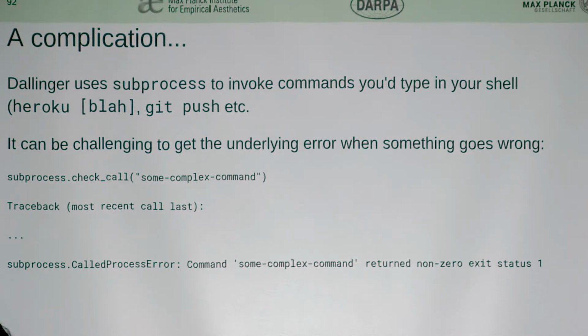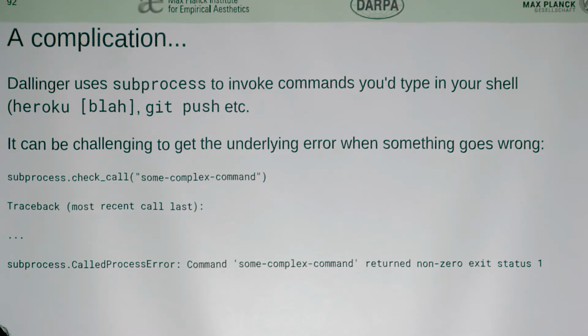So I think we've improved the situation, but one thing that Dallinger does a fair amount of, even in the local process, is it makes subprocess calls to execute shell commands like git init, git push, Heroku commands, either Heroku local commands or remote commands, doing things with Redis.